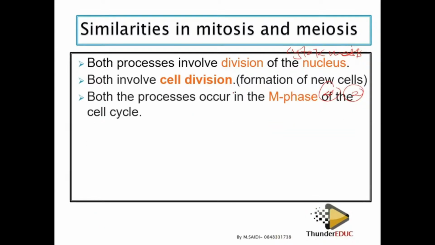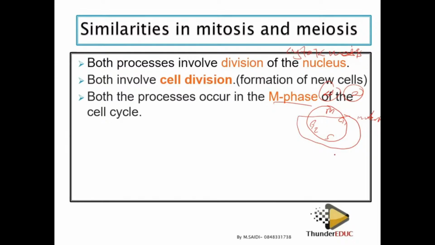Both processes occur in M phase. M phase is the phase whereby the cell starts to divide. The cell cycle is divided into the M phase, and you have G phase 1, the S phase, and then G phase 2. All this is interphase. That's why this is not a part of meiosis.